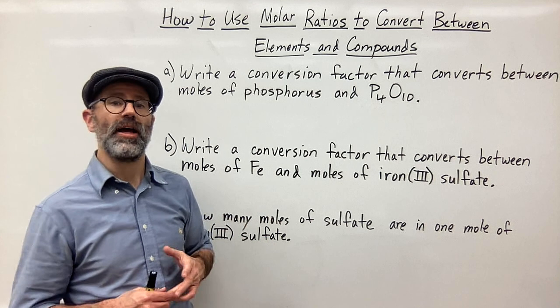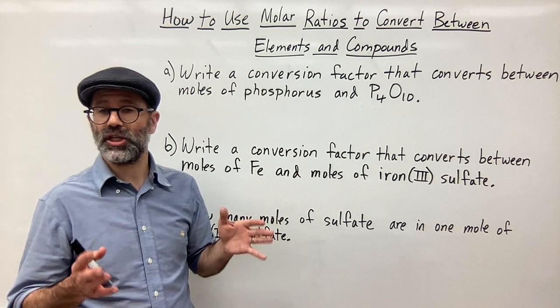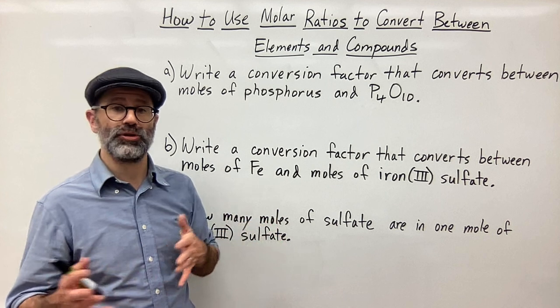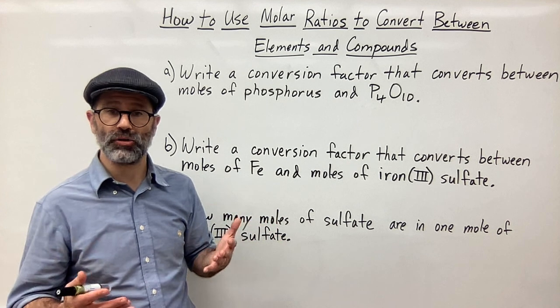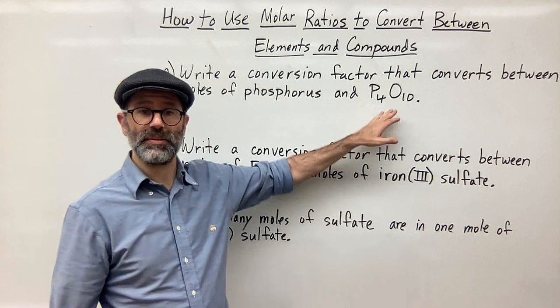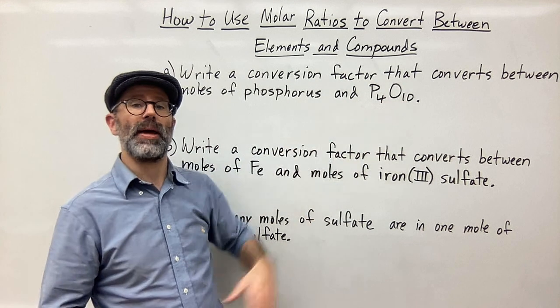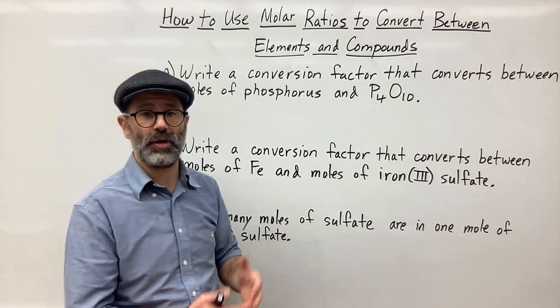So therefore, if I had 1 mole of these molecules, remember a mole is just a number. It's 6.022 times 10 to the 23rd particles, right? So if I have 6.022 times 10 to the 23rd molecules here, how many atoms would I have?